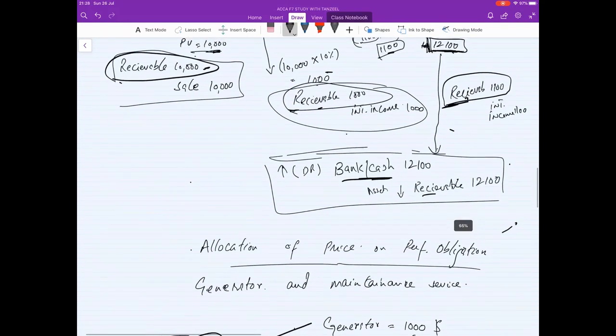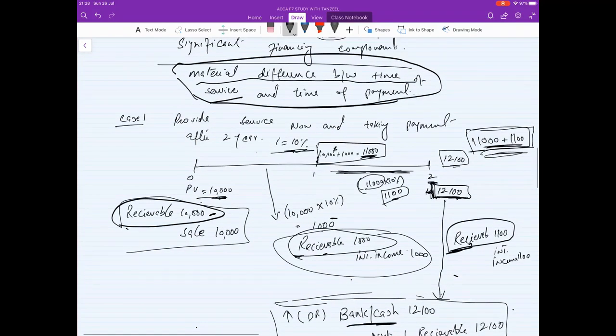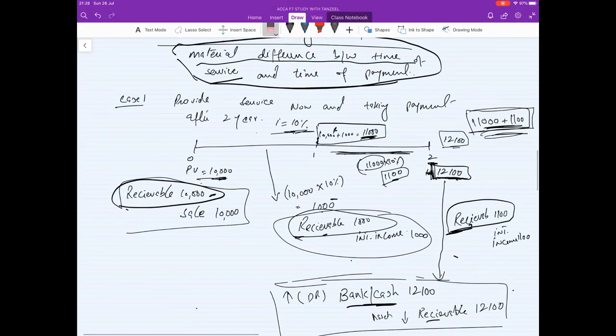The second example now. So you understood this, right? Now the thing is, what if I say I will pay you... let me rub this.